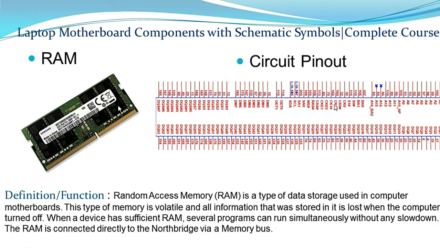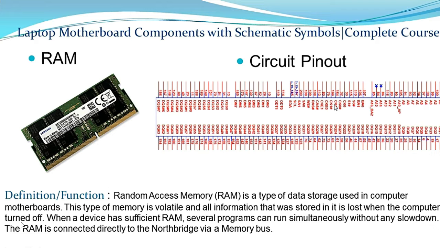For example, for DDR2, the main power is 1.8 volts and the VDD is 0.9 volts. For DDR3, for example, the main power is 1.5 volts and the power for VDD is 0.75 volts.